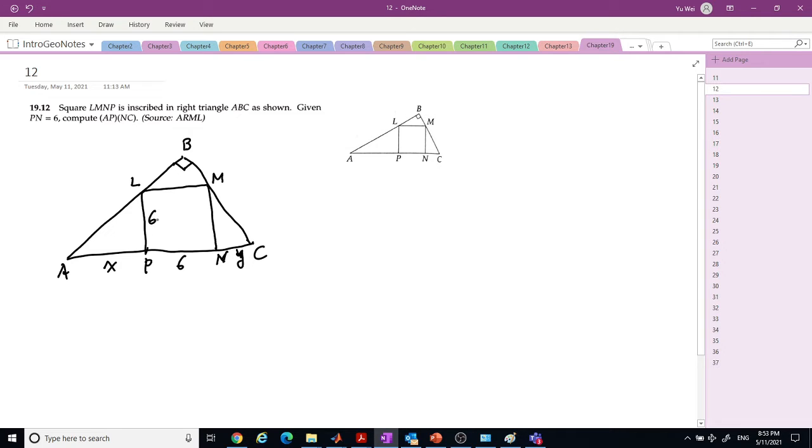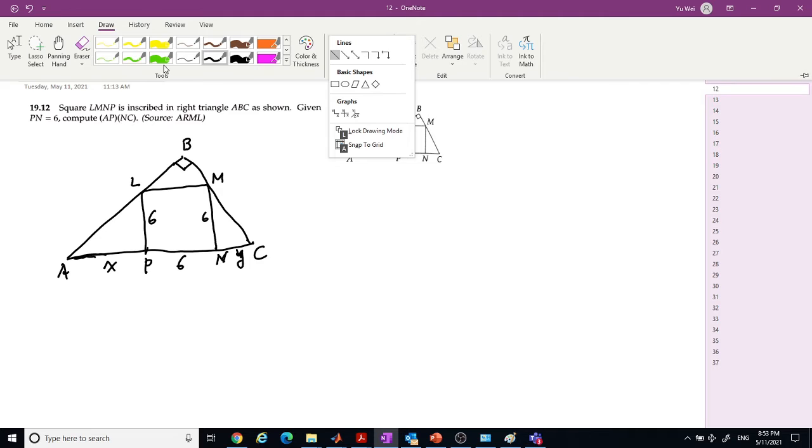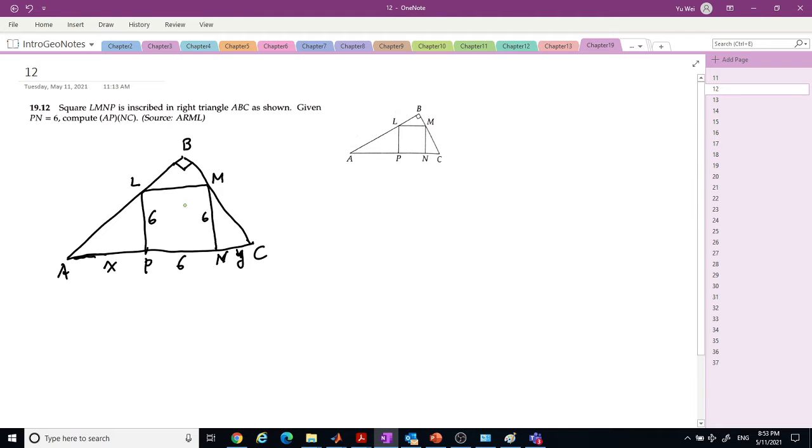Because this is 6 and this is 6, consider x and y. We have similar triangles. Let me mark some angles here. This is alpha, this is 90 minus alpha, and also this is 90 degrees. So this is alpha.